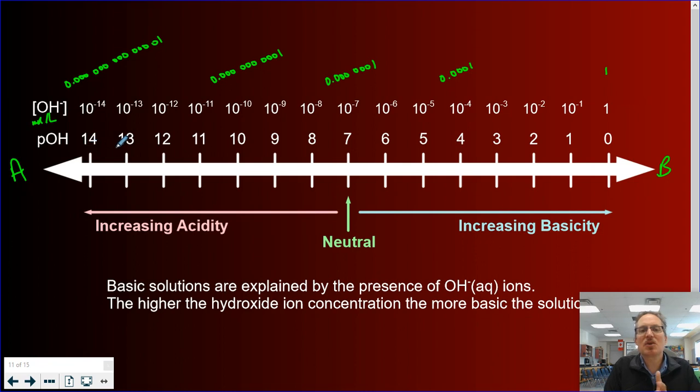So my pOH is greater than 7. When my substance gets more acidic, we would expect a very low concentration of hydroxide, because Arrhenius said the presence of hydroxide tells me it's a base. So I would expect a very, very tiny concentration of hydroxide in acids, and a much higher concentration of hydroxide in bases. Basic solutions are explained by the presence of hydroxide ions. The higher the hydroxide ion concentration, the more basic the solution.